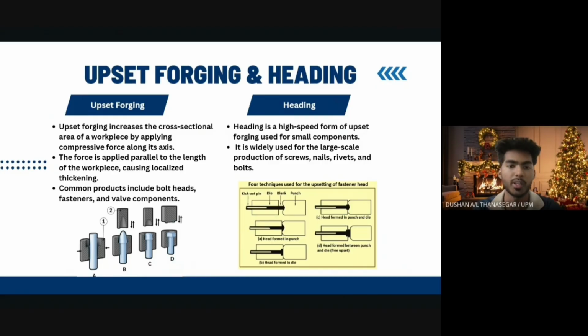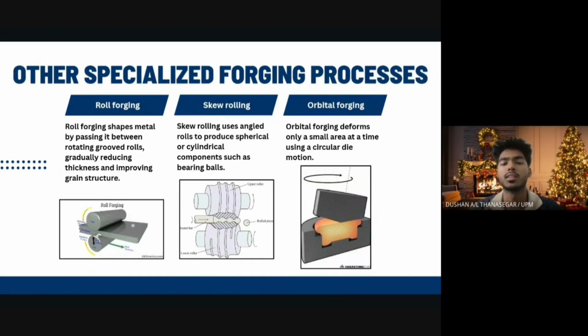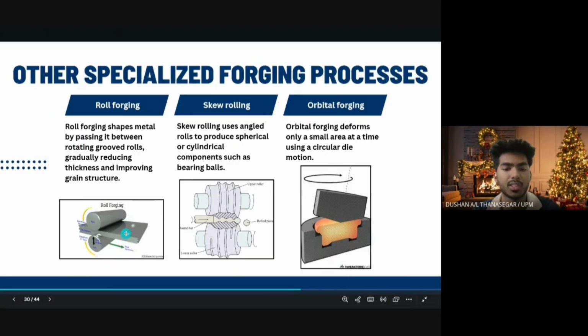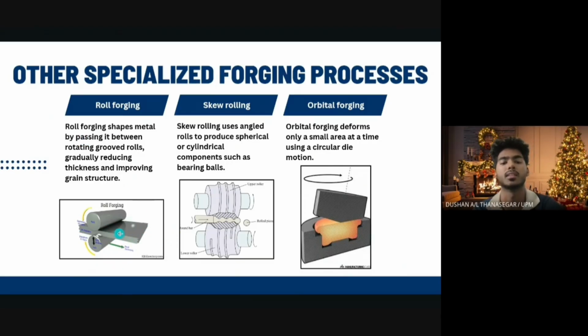Okay. Now, there are also other specialized forging processes. In addition to conventional forging, there is roll forging, which shapes metal by passing it between rotating grooved rolls. This process gradually reduces the thickness and improves the grain structure.